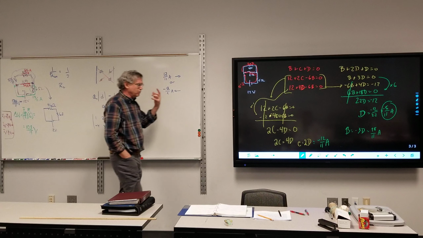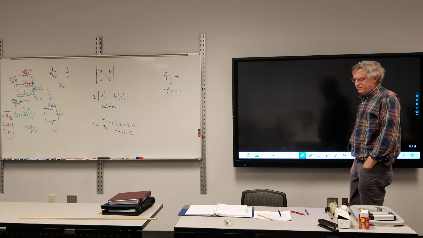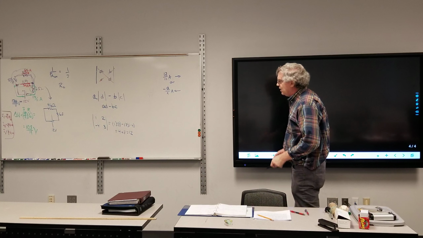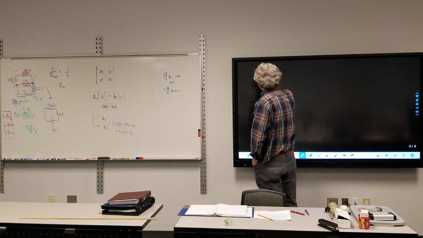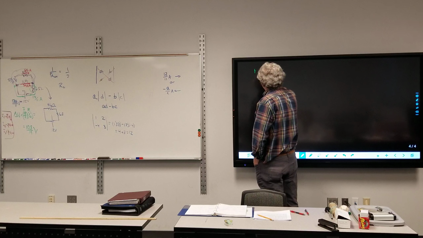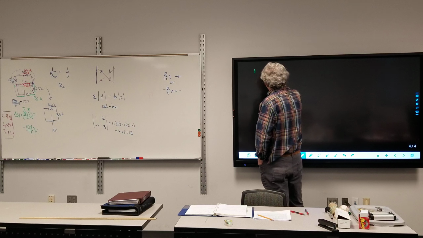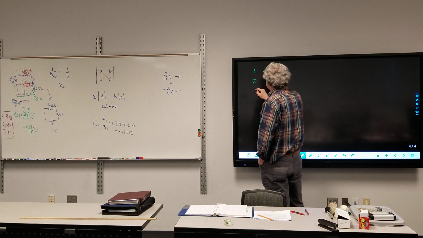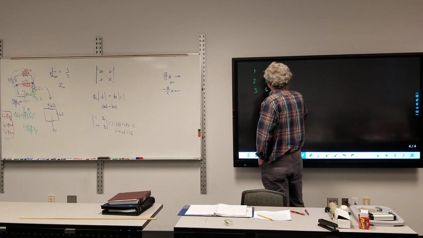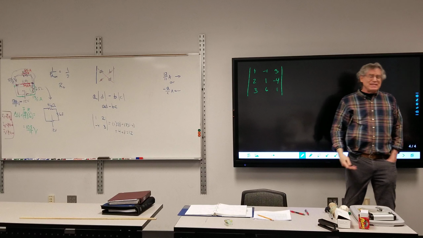All right, let's apply the general technique that we did for that with a 3 by 3. About 9 numbers: 1, negative 1, 3, 2, 1, negative 4, 3, 6, 1. The technique is basically the same.